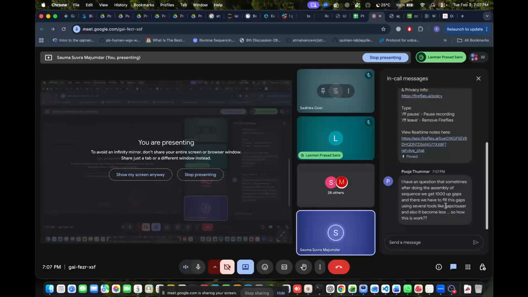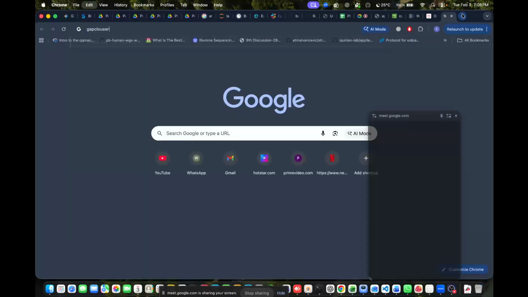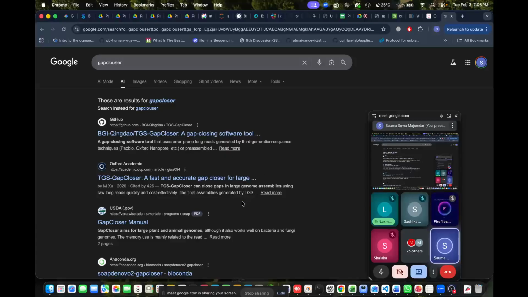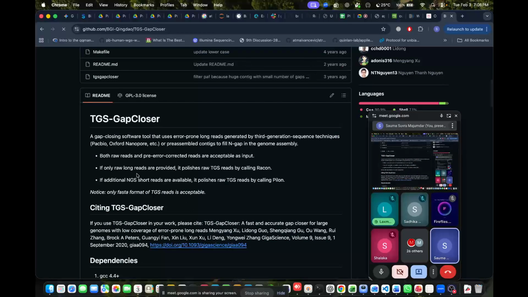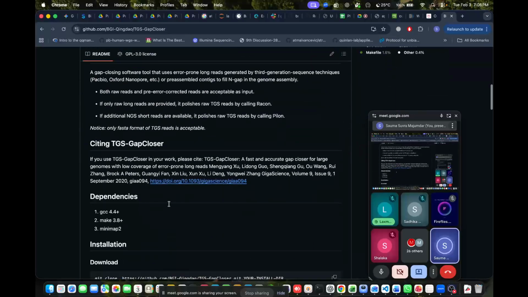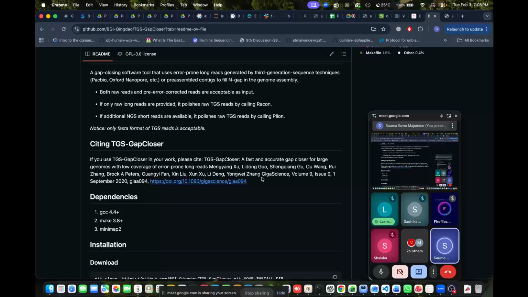I'm not very sure what you are talking about. Can you explain a little bit more? Gap clause. I have not heard of this. I don't know what this is. I think this is slightly different.